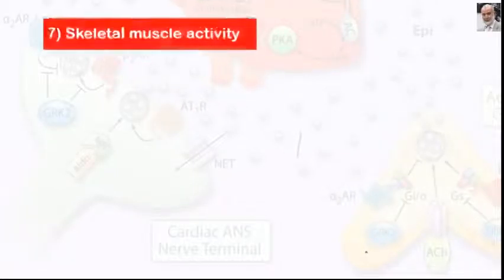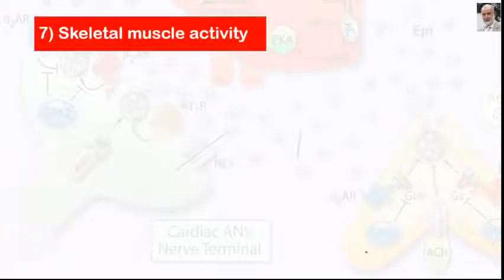Next, their effect on the skeletal muscle. Beta blockers block beta 2 receptors on the blood vessels which supply skeletal muscle. Beta 2 stimulation, as we have said, produces vasodilation and therefore increases blood flow to the skeletal muscle.